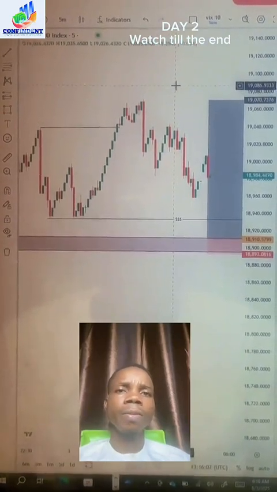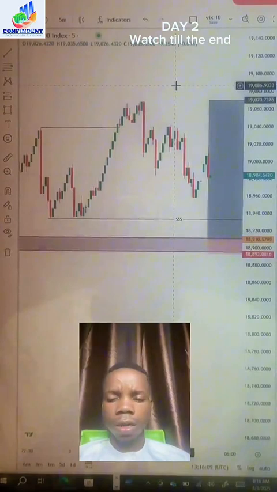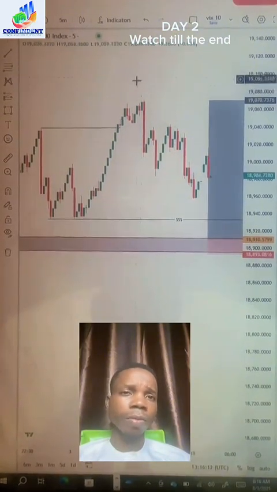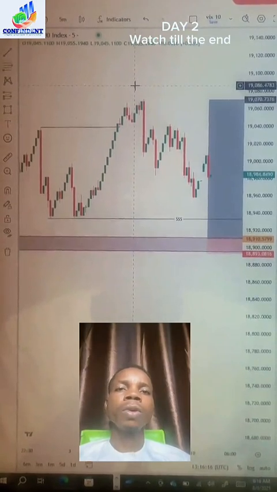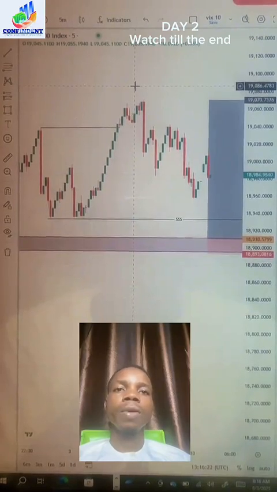When we are talking about the bearish engulfing bar, we are talking about a candlestick pattern that has two candles. The first candle has to be a bullish candle, while the second candle has to be a bearish candle.